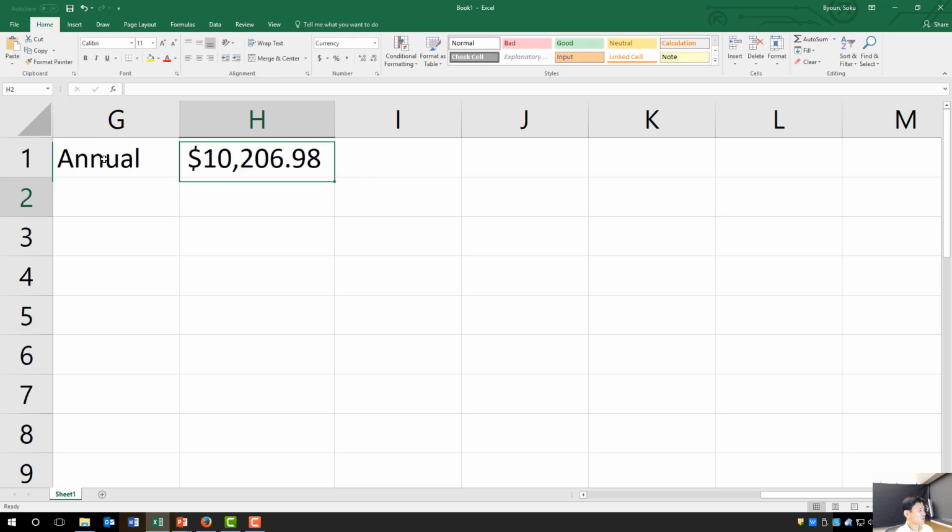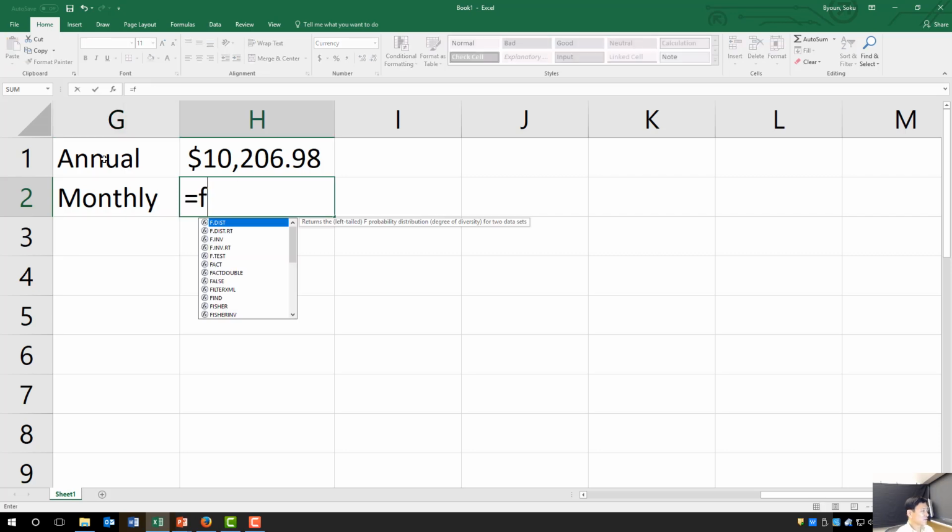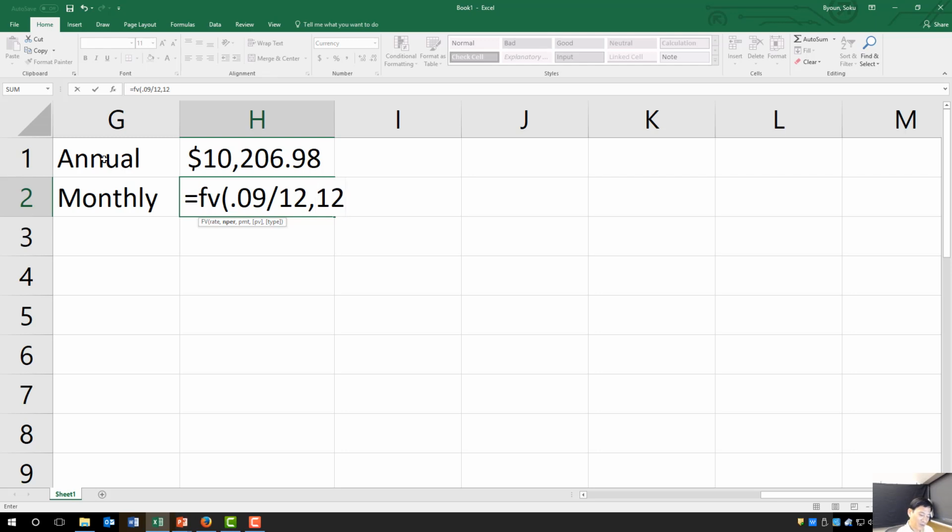So we have this future value, and with the monthly compounding, future value with monthly rate, which is 9% divided by 12, and the number of periods 12 times 35, no other payments, and negative $500 present value. So here you should understand that you have to adjust the interest rate and also the time periods according to the monthly compounding.